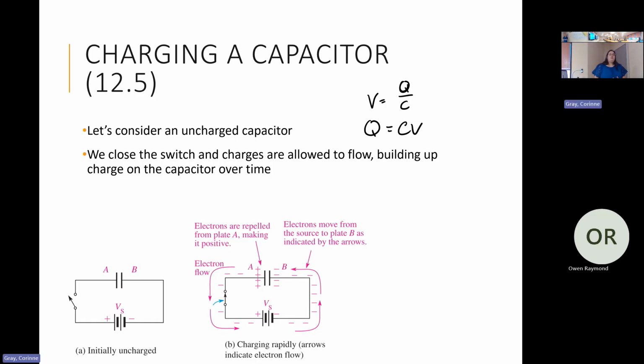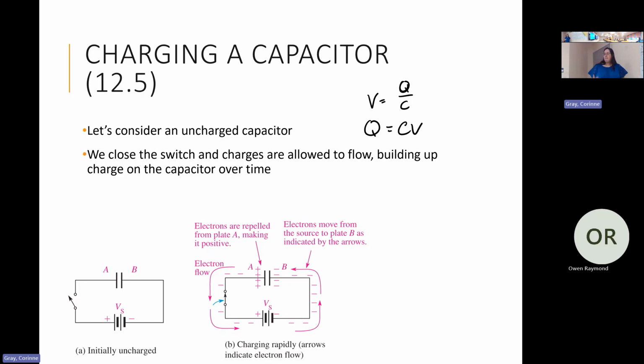Eventually this is going to stop, and there are really two situations in which our parallel plate capacitor is going to stop charging. One is that I just reached the physical capacity of the charge I can have on that capacitor.